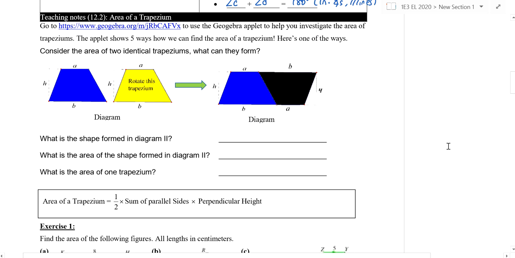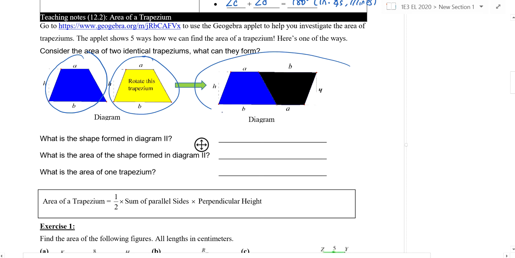So to answer this, once we have the first trapezium, we duplicate it to get the yellow trapezium, we rotate it, and we join them up to get a parallelogram. So what is the area of this parallelogram? It is the base times the perpendicular height.